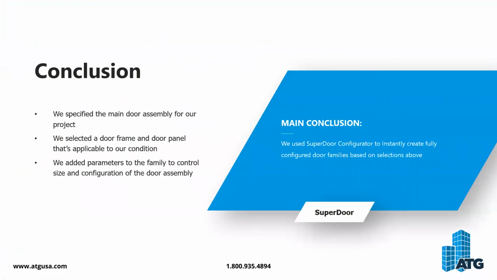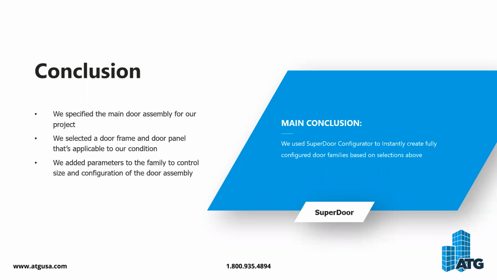All right, so just wrapping up the presentation and the demo, we have specified the main door assembly for our project. We went ahead and selected a door frame, actually did this ×4, or ×3 rather. We selected a door frame and door panel that's applicable to our condition. We've added some parameters. We've been able to change parameters in the family before and after the fact to be able to configure that door panel assembly to our use.